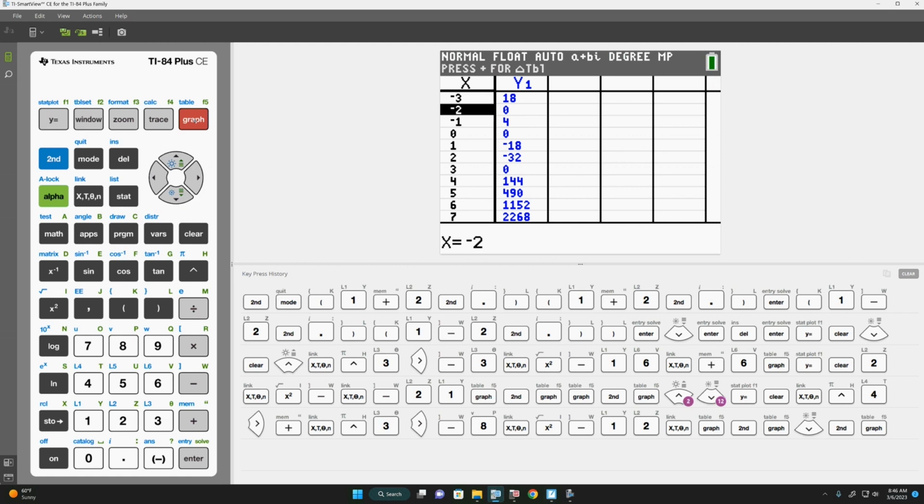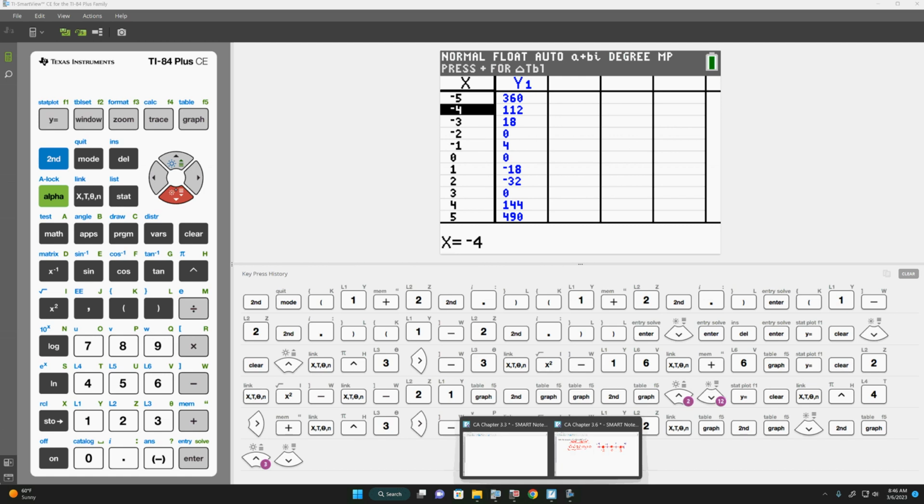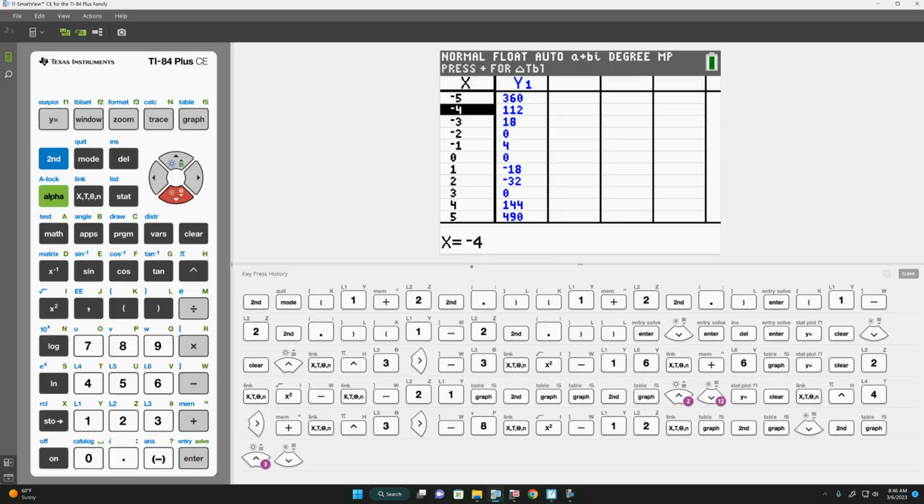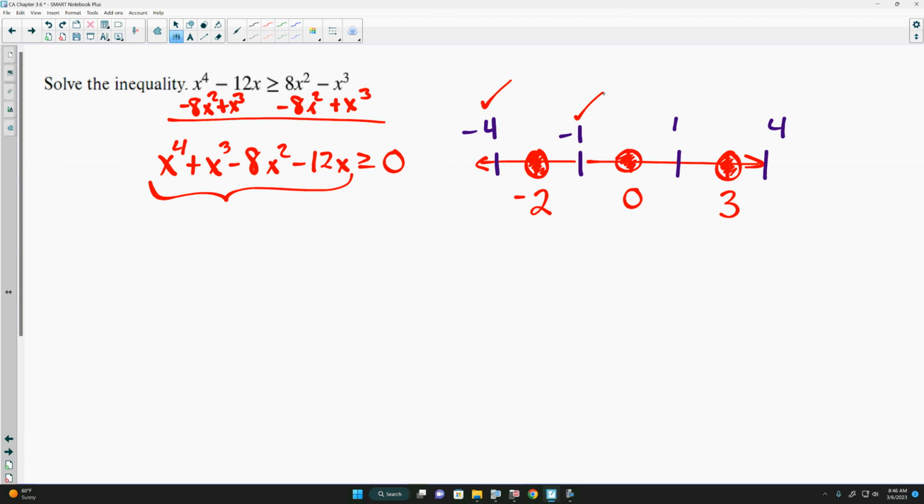The one thing is I can go over here and look at the table. Is -4 greater than 0? Yes. So that means -4 works. Then we can do the same thing with -1. -1 gets us 4. Is that greater than 0? Yes. So that works. Then we can move over to 1.